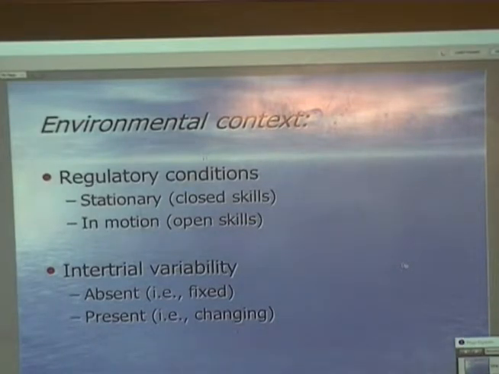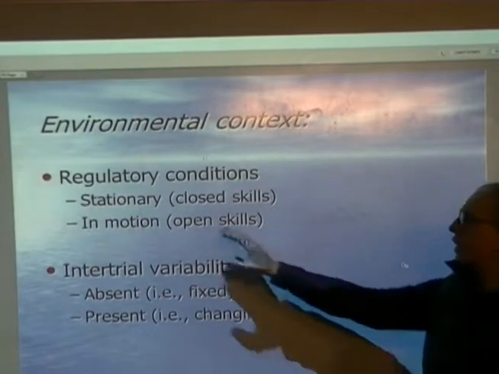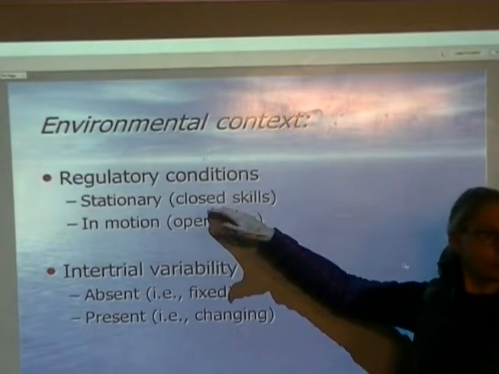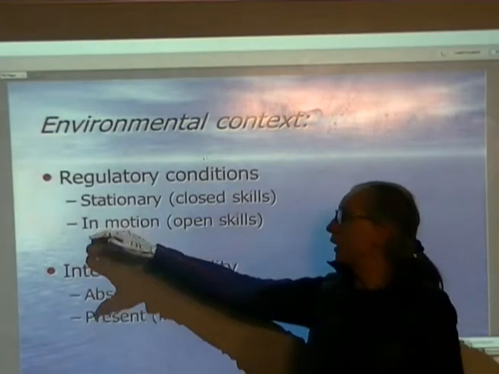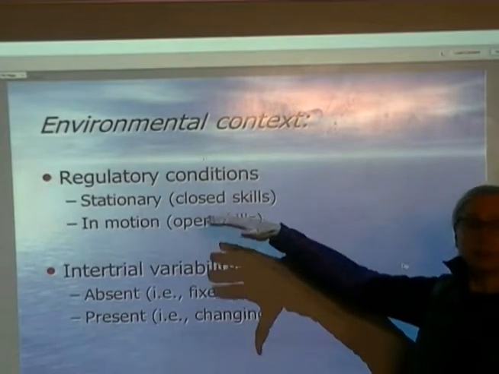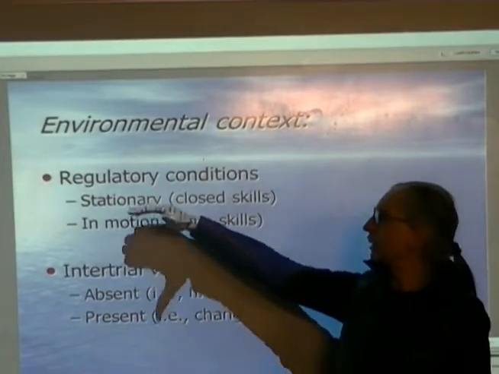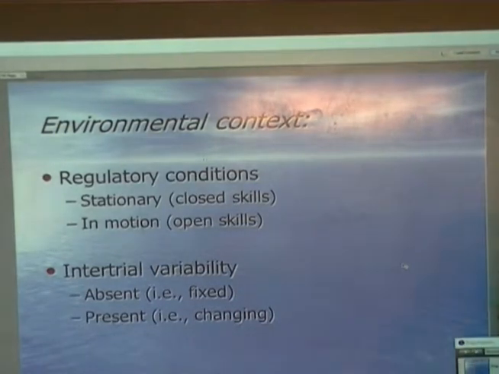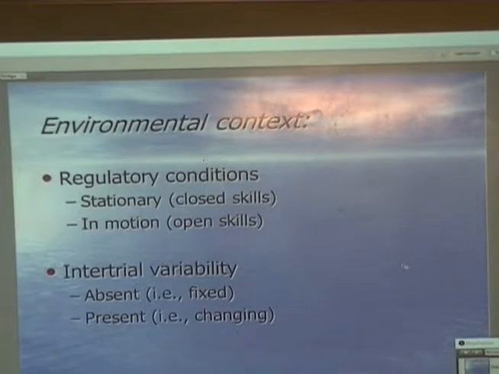Right? So for her, she said that skills were either stationary, which would equate to closed, or they were in motion, which would relate to open. So the environment is either stationary, predictable, stable, or the environment is in motion, unpredictable, lots of movement going on.